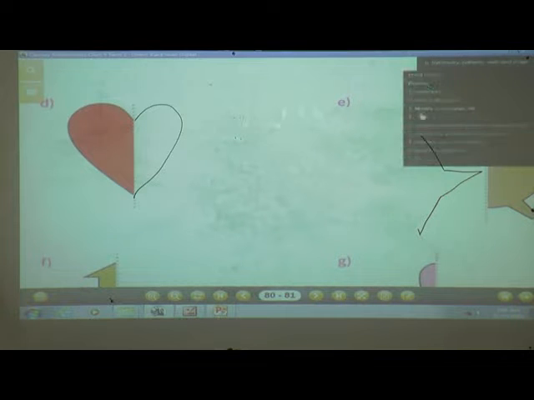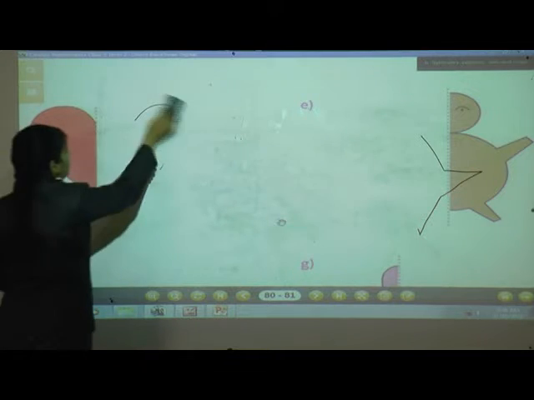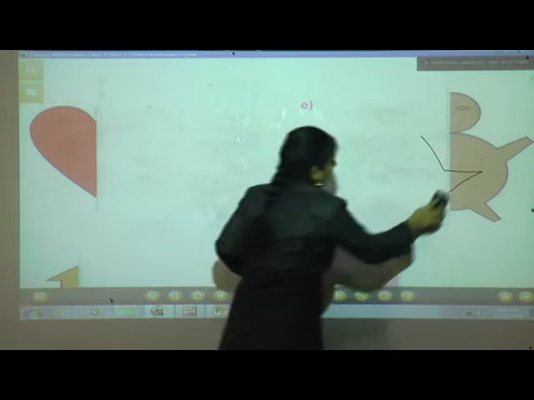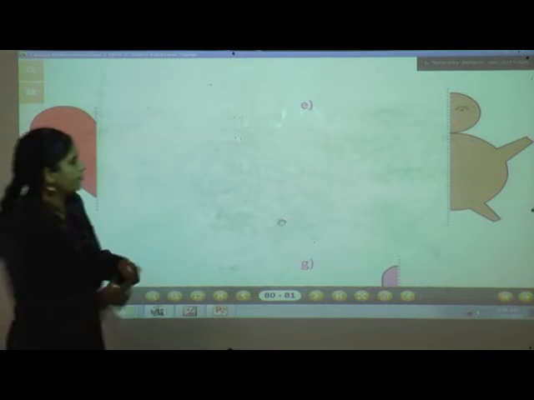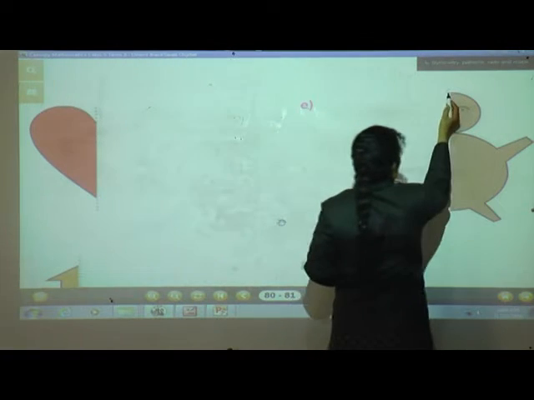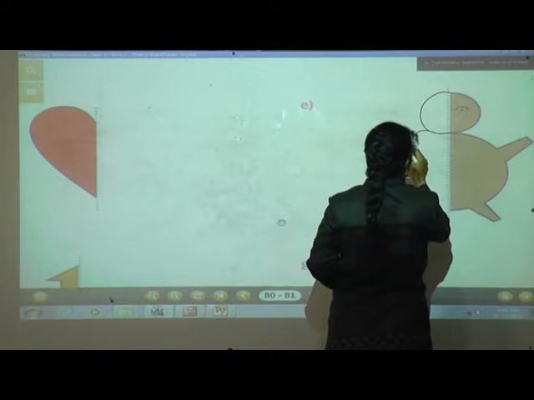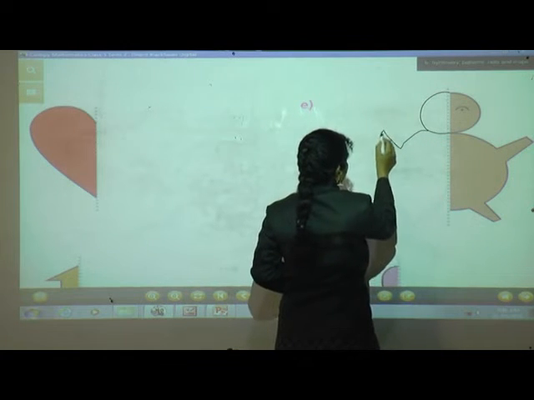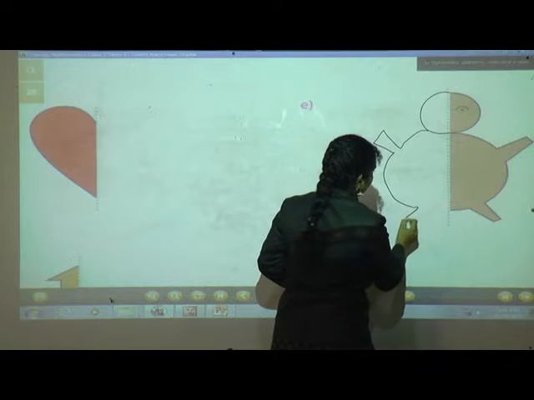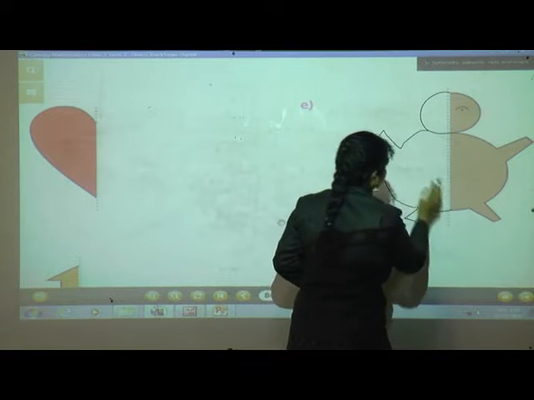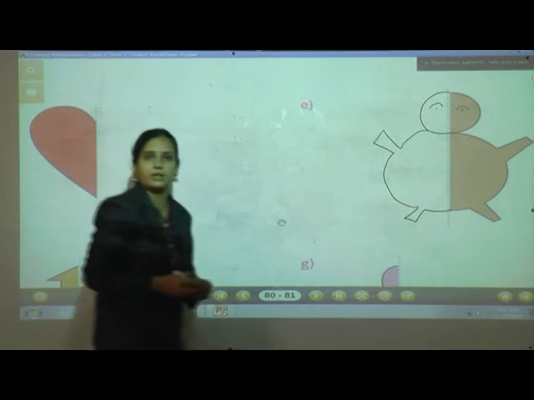So next, E1. You can draw here so the figure will complete, and you can color it.